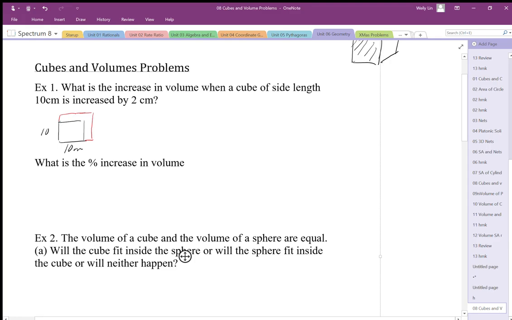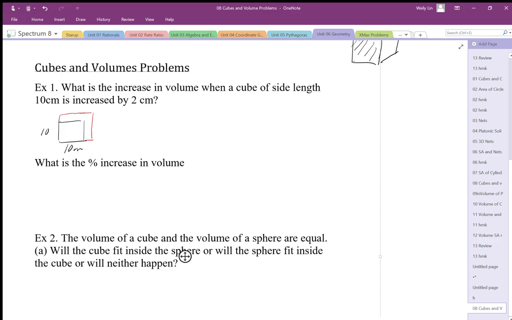We go from 10 by 10, 100, to 144. So if we think of it as a percentage, a 20% increase in length results in a 44% increase in area.